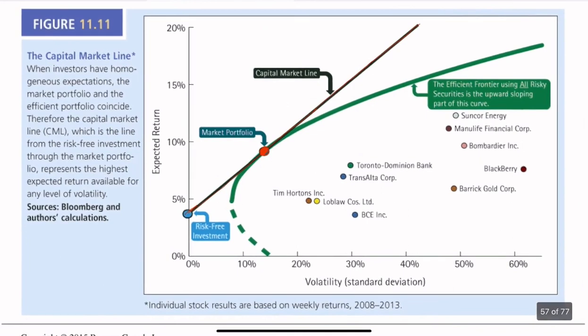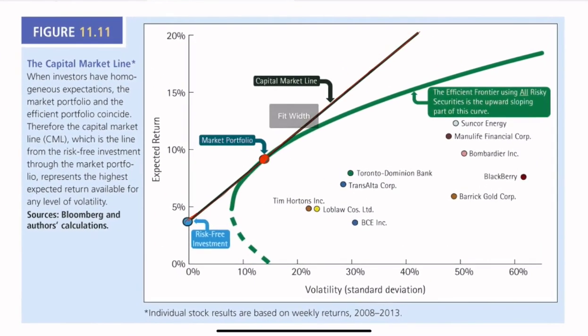Under the assumption of the capital asset pricing model, because the tangent portfolio is the market portfolio, then you would imagine that in such a world, every investor will hold only two portfolios. Every investor will hold risk-free investment and market portfolio.